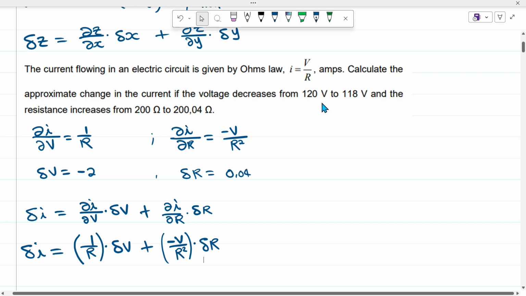So that means this 120 is the initial state of the voltage, and that's the number that you always put in these variables. So if it's voltage, you'll take the initial state of voltage, which is 120, and the initial state of resistance, they said it's 200. So you're going to take 200 as your R.